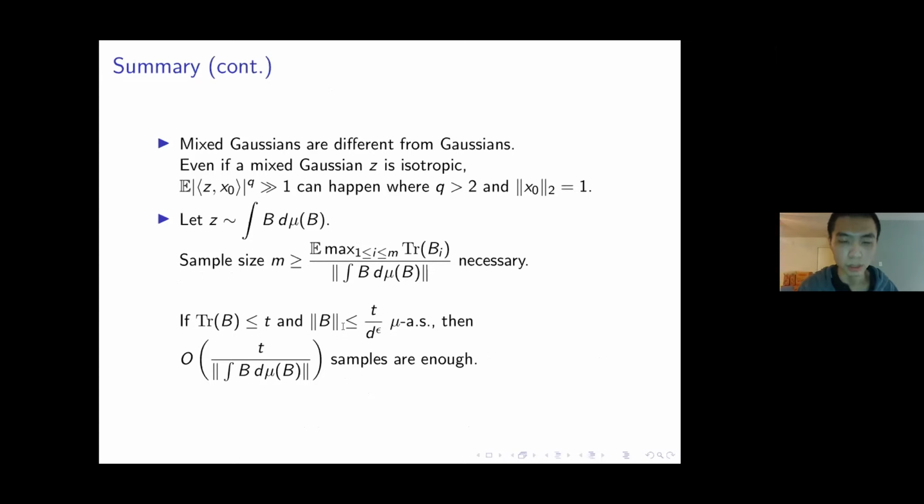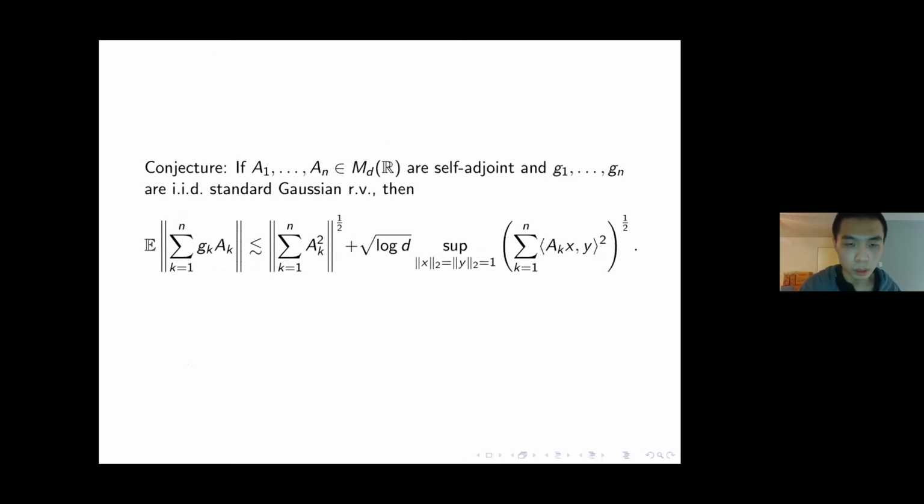The effective rank is not too small. Roughly speaking, this is also sufficient. And mixed Gaussian can be very different from Gaussian, because even if it is isotropic, it can have very bad one-dimensional behavior.